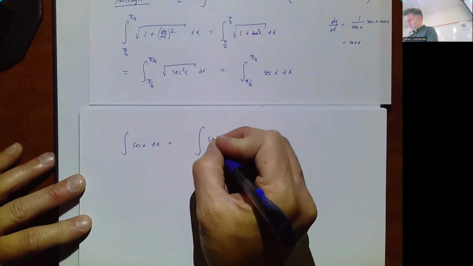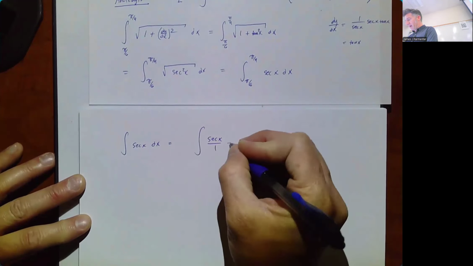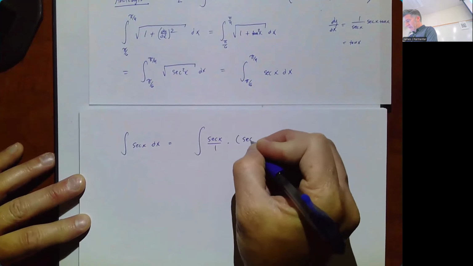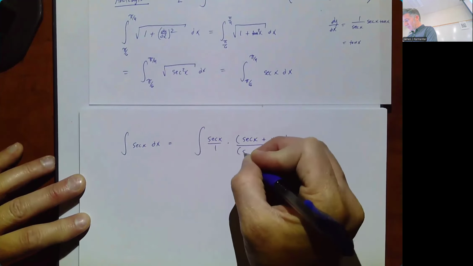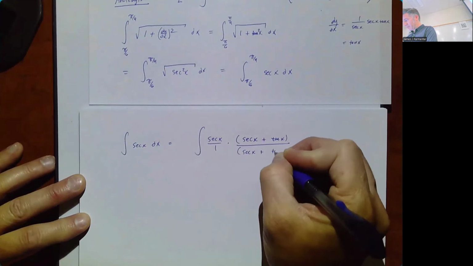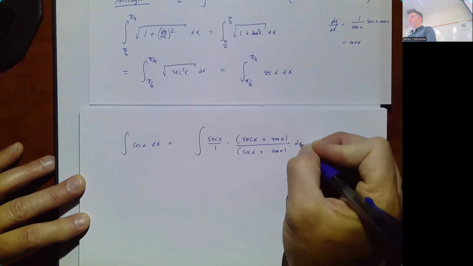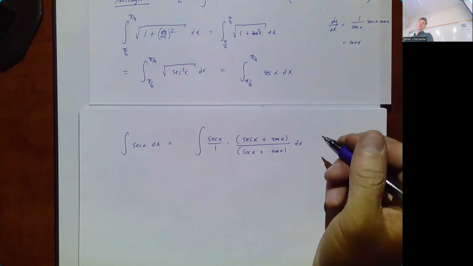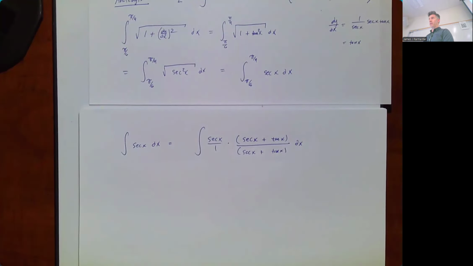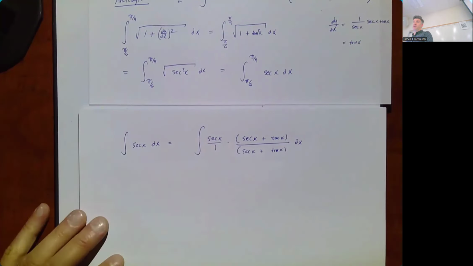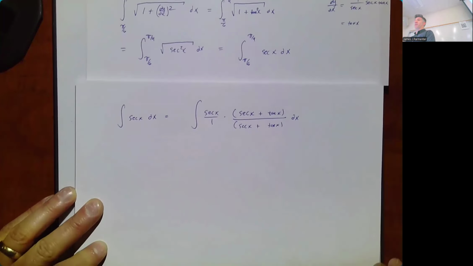I'm going to multiply secant x over 1 by secant x plus tangent x over secant x plus tangent x. Which you might ask, how did someone come up with that? They really did the problem a totally different way and then eventually found the answer and said, oh, there's this other shortcut I can take. But really, there's a totally different method of doing this integral that requires some other methods we haven't talked about yet.